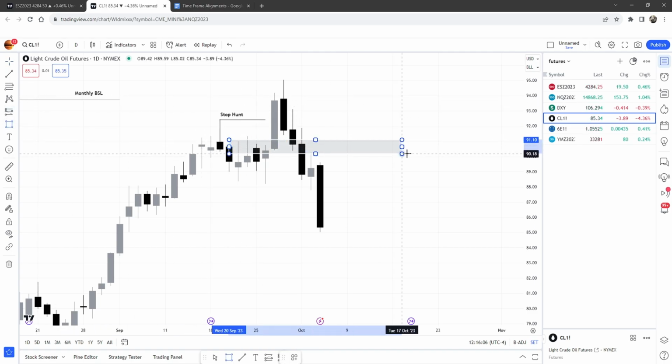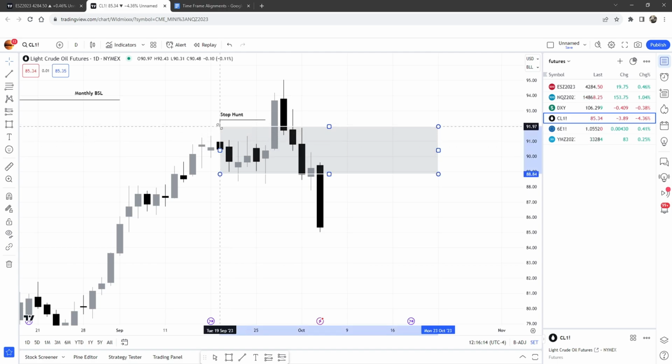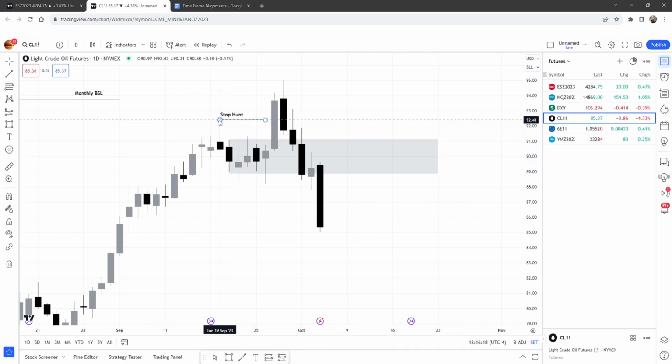This is the breaker block. And when you have consecutive down closes, you use both as the breaker. For this example, I'm going to leave it right here so we can clearly see the stop hunt, because when I go like this, the one line goes away. So I just want to make sure you can see the line as well.